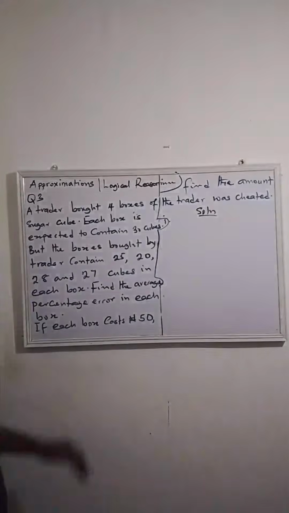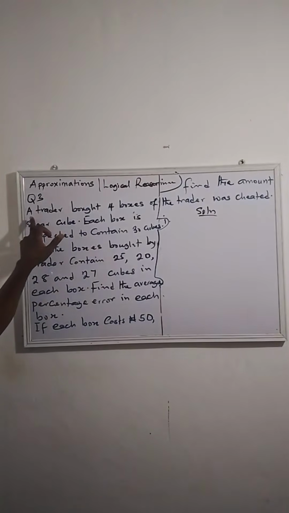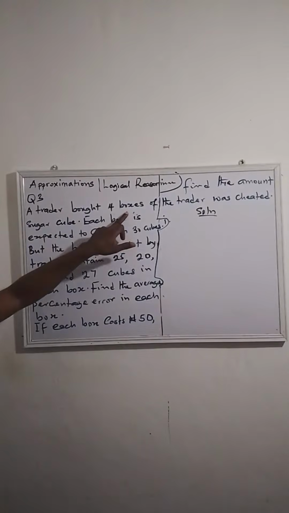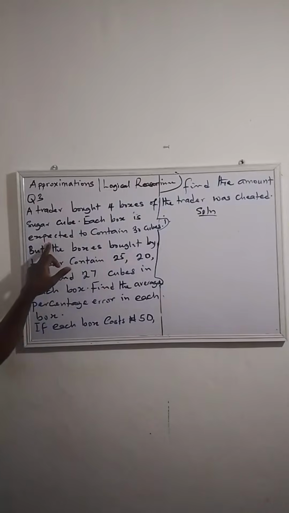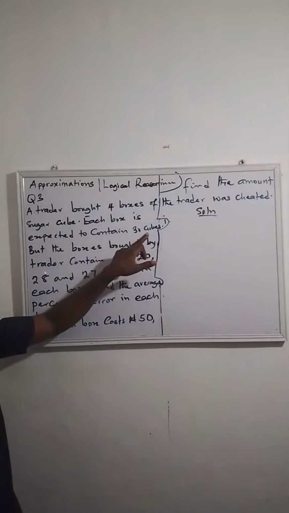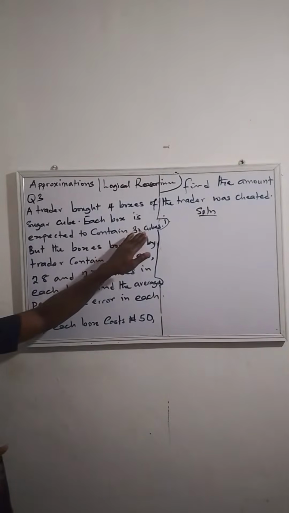Now let's go through it again. A trader bought 4 boxes of sugar cube. Each box is expected to contain 30 cubes. So in each of the boxes we are expected to see 30 cubes.